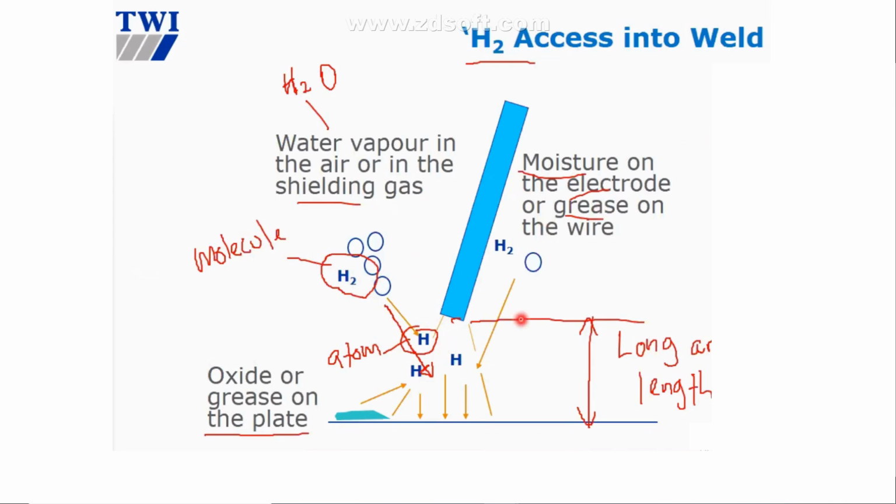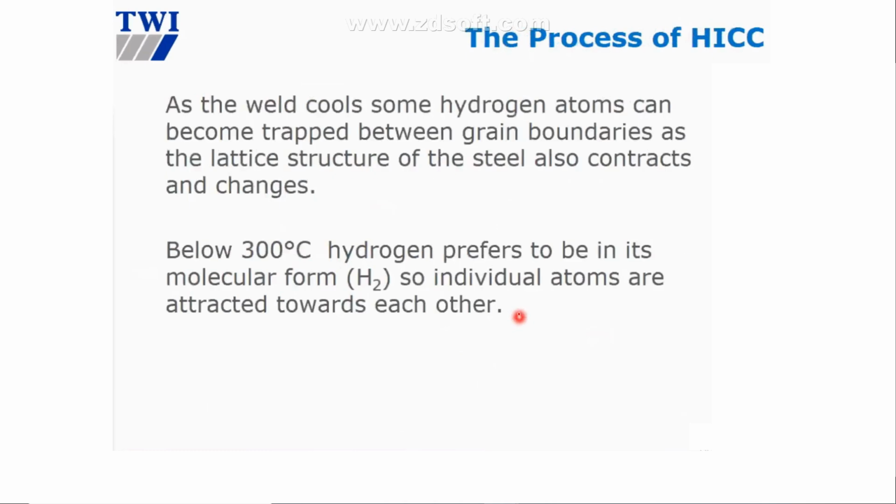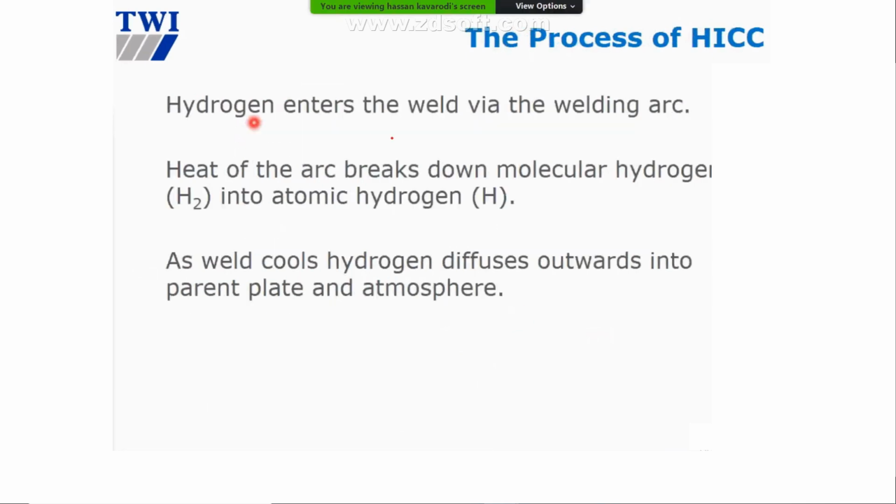Got it? All right. Hydrogen enters the weld via the welding arc. The heat of the arc breaks down molecular hydrogen into atomic. Molecule, we understand, is a group of hydrogen. Atomic means a single hydrogen. As the weld cools down, hydrogen diffuses outward into the plate and atmosphere, right?